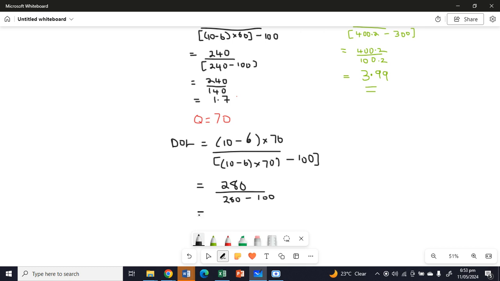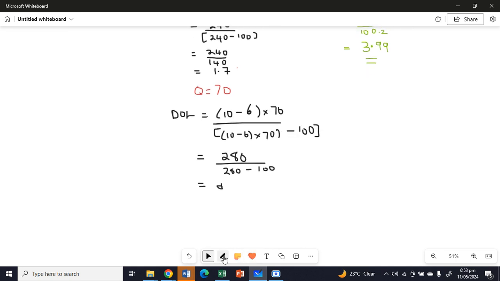So we're going to get 180. 280 divided by 180. What is 280 divided by 180? 1.55.